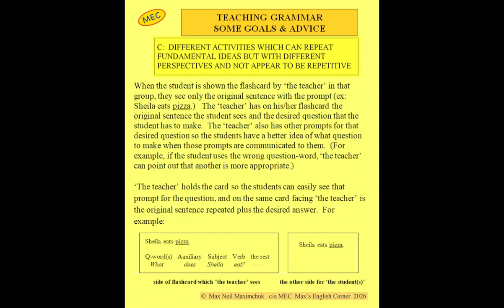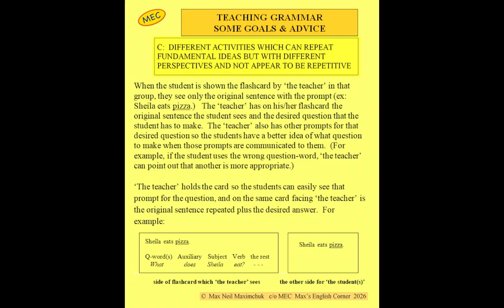The teacher holds the card so the students can easily see that prompt for the question, and on the same card facing the teacher is the original sentence repeated, plus the desired answer. For example, on the side of the flashcard which the teacher sees, on the top is written, "Sheila eats pizza," and "pizza" is underlined.